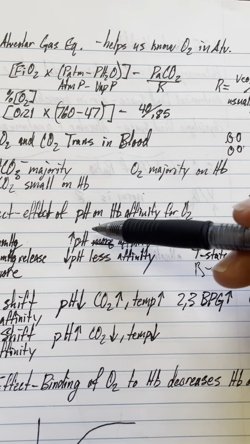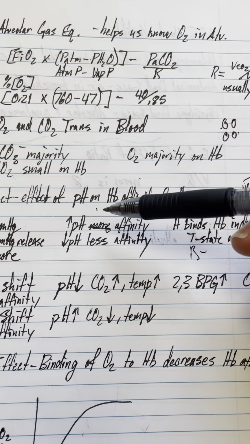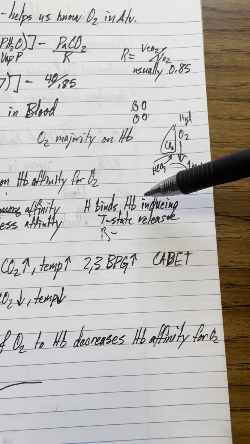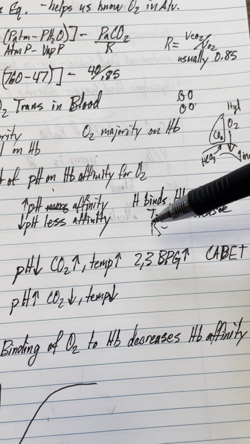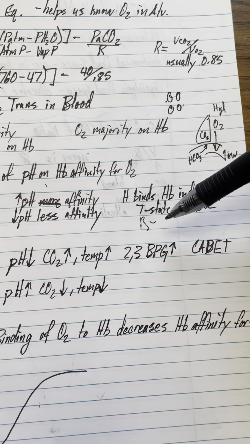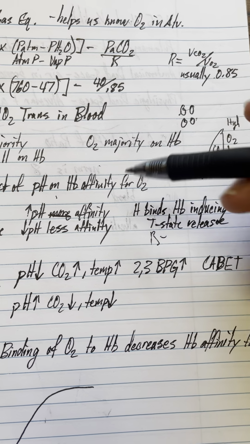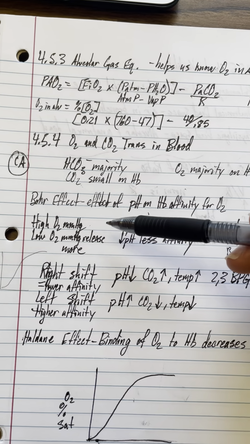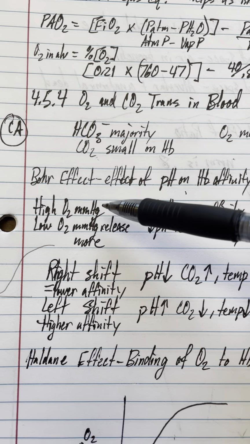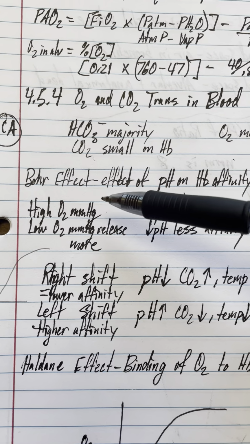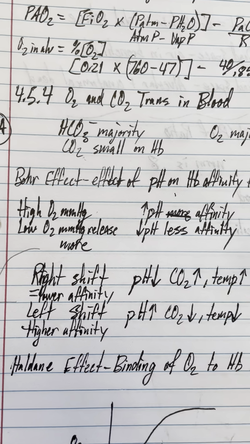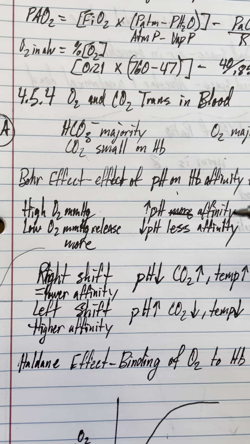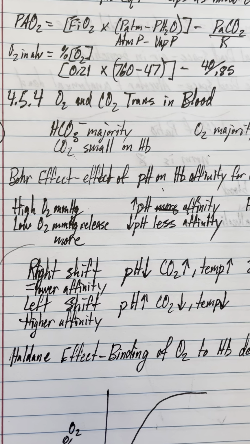In contrast, if you have a high pH, which means not a lot of hydrogens are binding to hemoglobin, then you'll have a higher affinity for oxygen, or more R state hemoglobins for oxygen to bind to. Another thing, if you have a high pressure of oxygen, of course, you're going to force oxygen into the blood and increase binding of it.